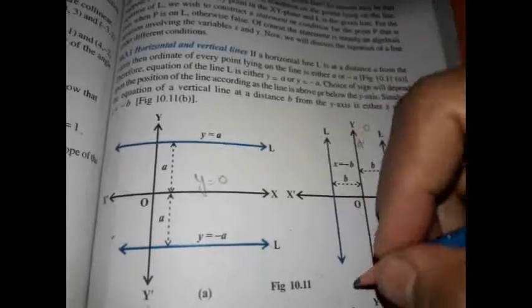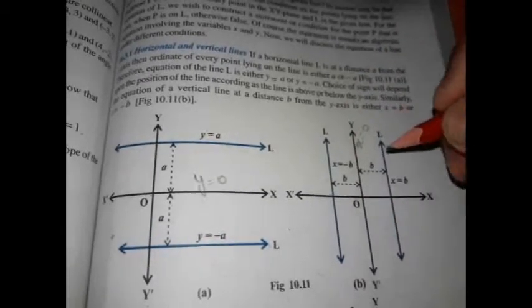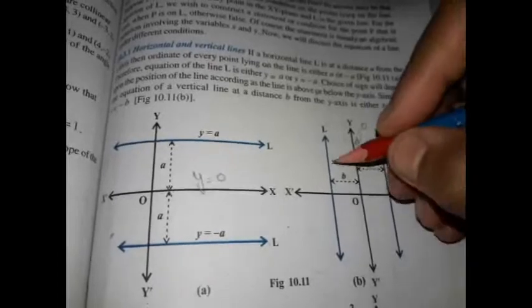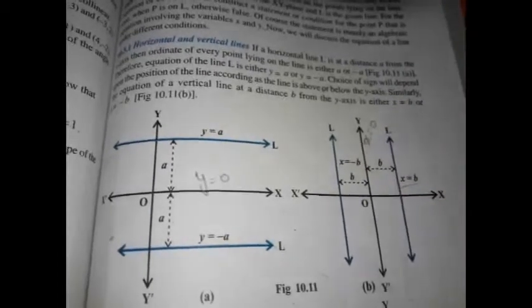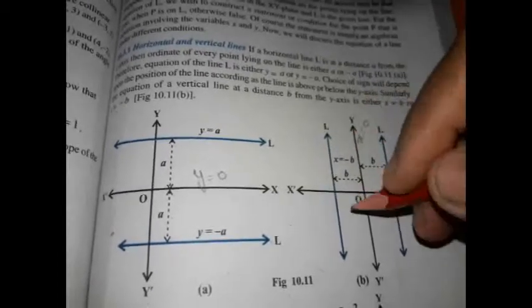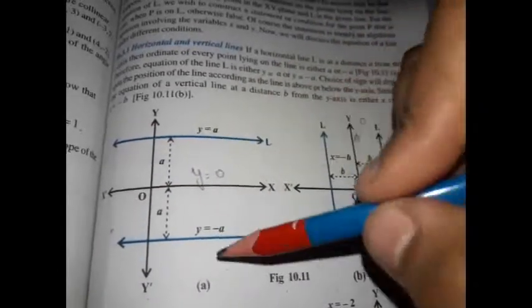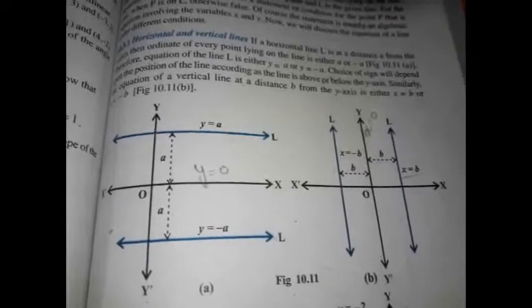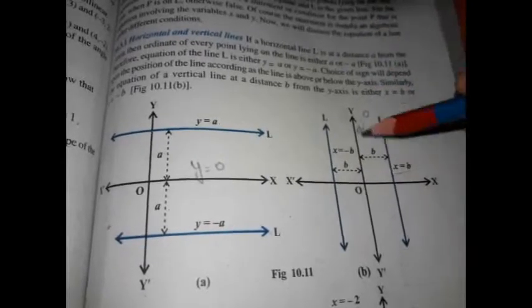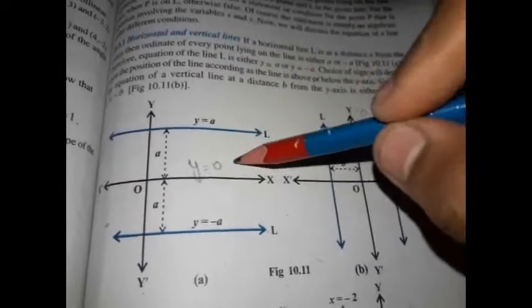Any line parallel to the y-axis is going to be of the form x equal to b or x equal to minus b. This is called a vertical line. So horizontal lines have the equation y equal to a or minus a, and vertical lines have the equation x equal to b or x equal to minus b. The equation of the y-axis is x equal to 0, and the equation of the x-axis is y equal to 0.